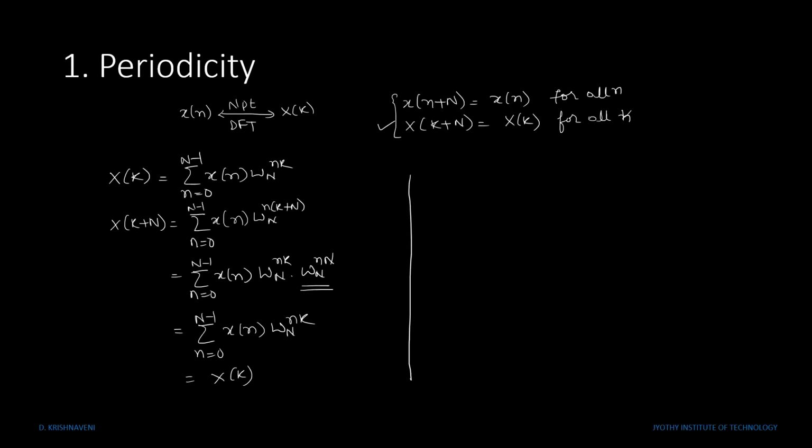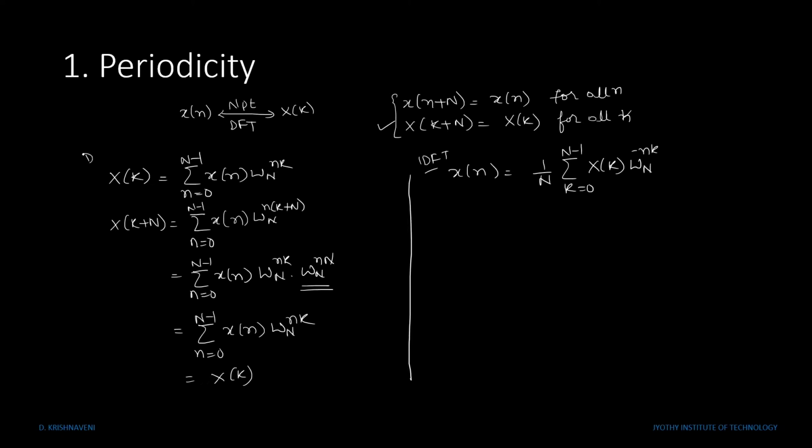Similarly, if we take the IDFT, that is x of n equal to 1 by N summation k equal to 0 to N minus 1 x of k W_N to the power of minus nk. We have taken the IDFT formula.